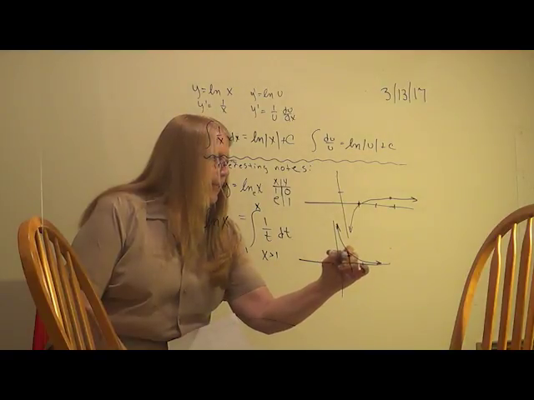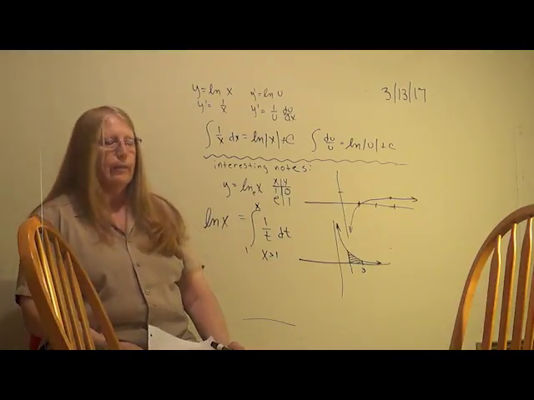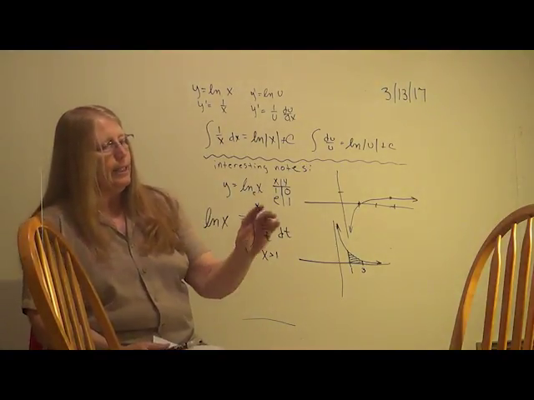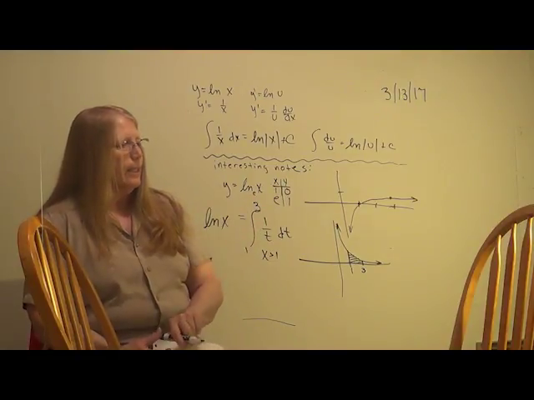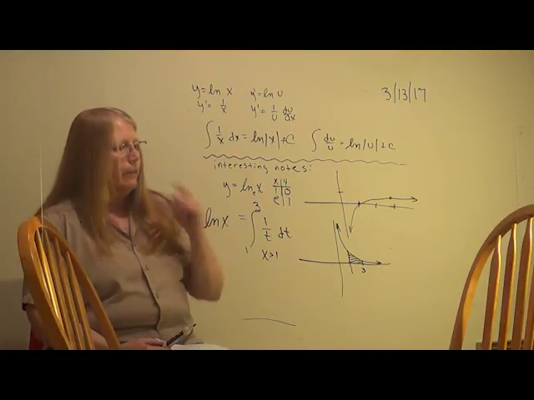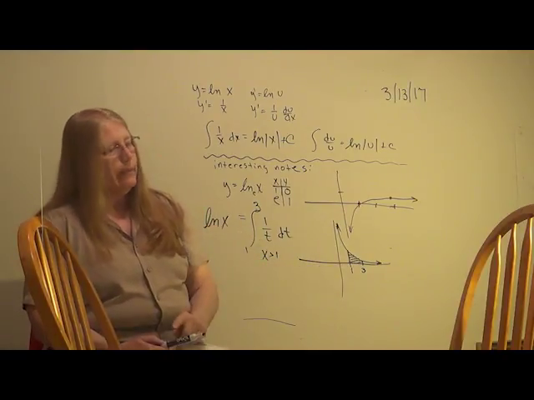We're talking about the area under the curve from 1 to 3. I striped that area there. If this x was 3, that's what it should look like.